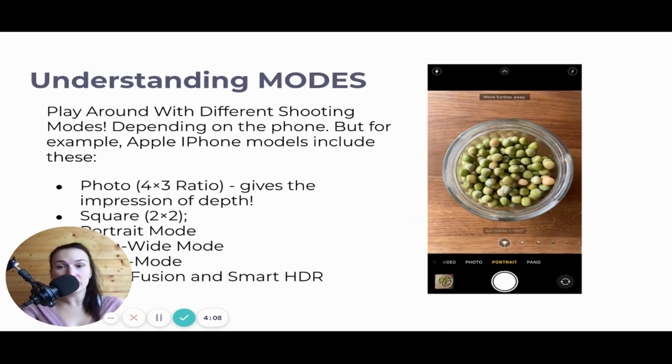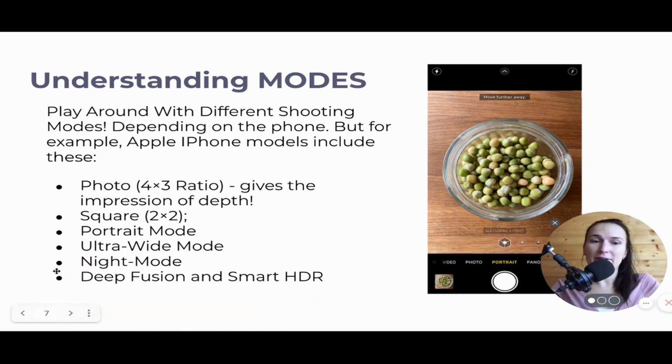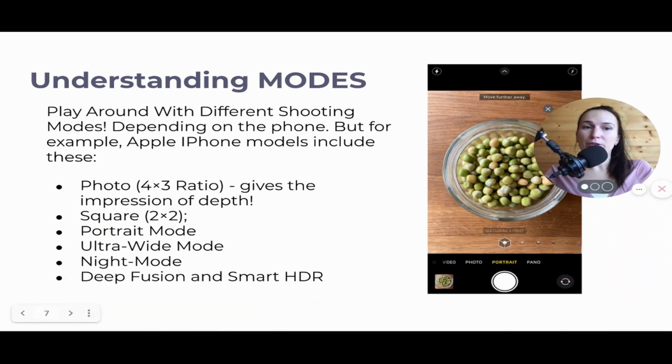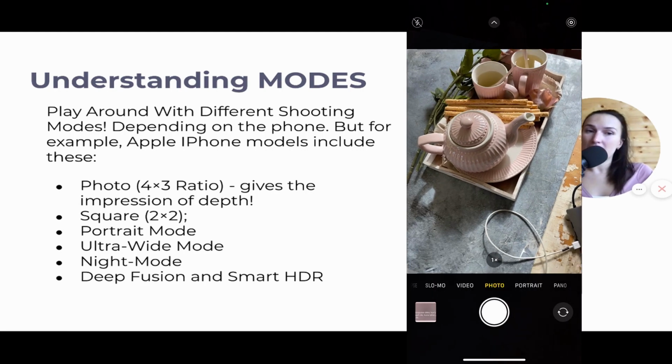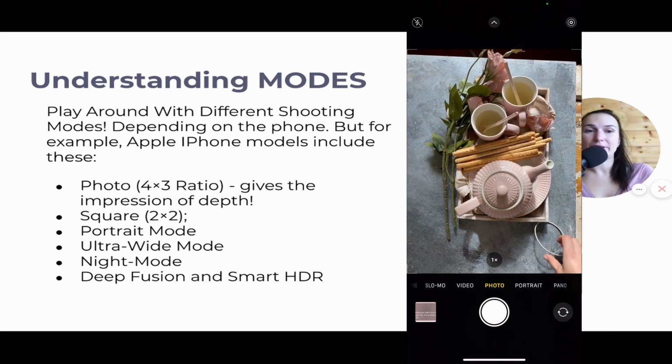And another option is that when you don't feel like shooting RAW, I would highly recommend that you understand file formats. It depends on your camera in general, but iPhones and Androids usually have different file formats.